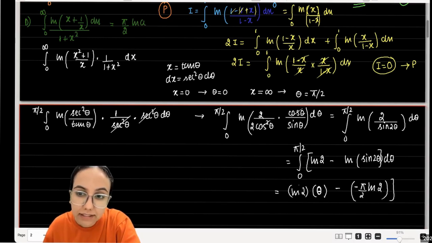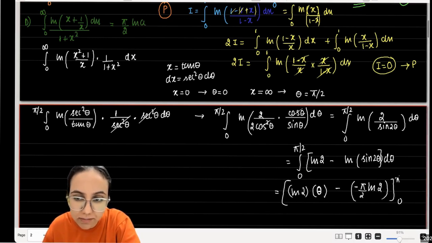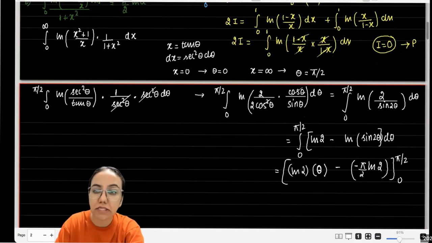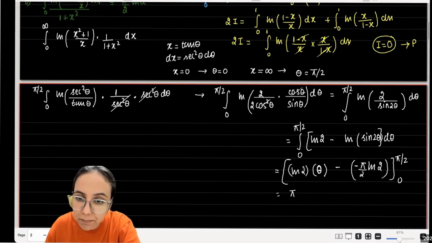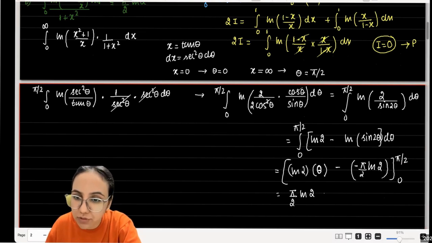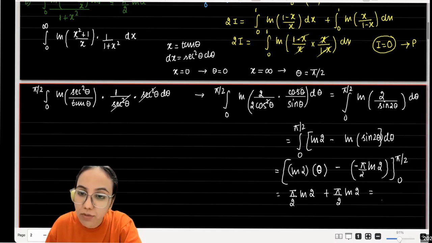And the entire function has a limit. This is just a constant. We have already substituted the limit, but the limit is running from 0 to pi by 2. So what you're going to get is pi by 2 ln 2. 0 will give you 0 plus pi by 2, this is plus pi by 2, minus and minus, and ln 2, which is the same as 2 pi over 2 ln 2.